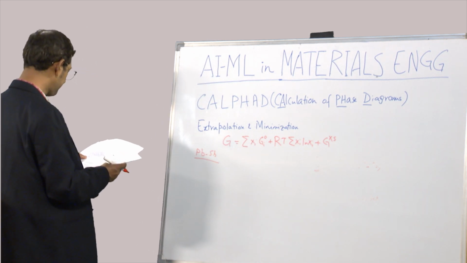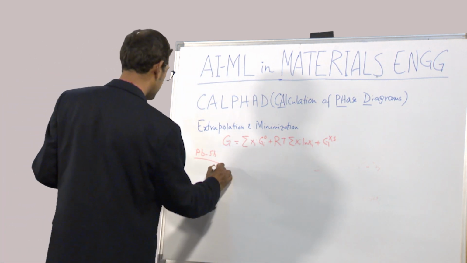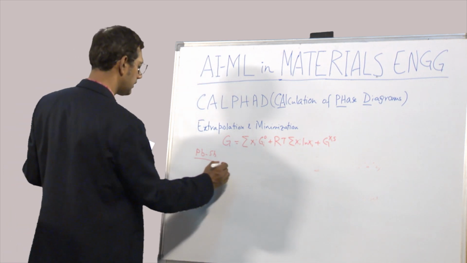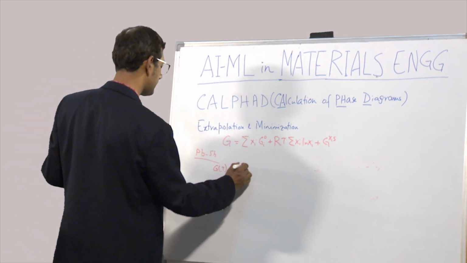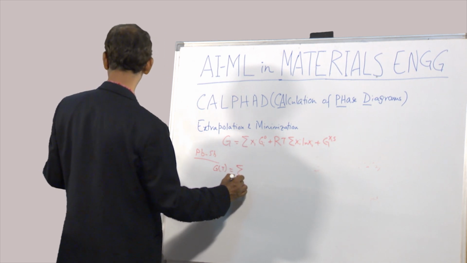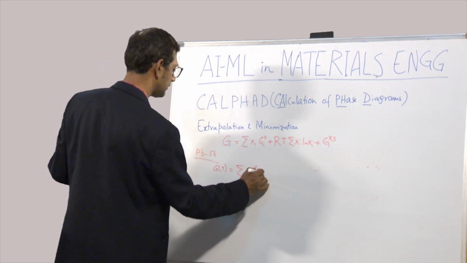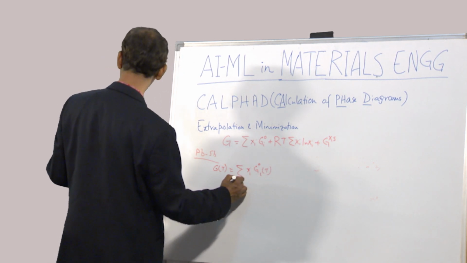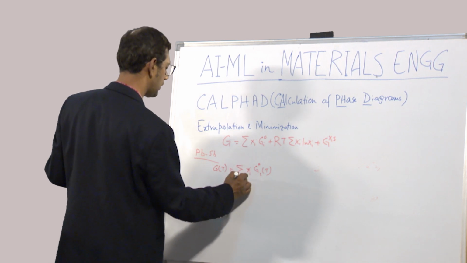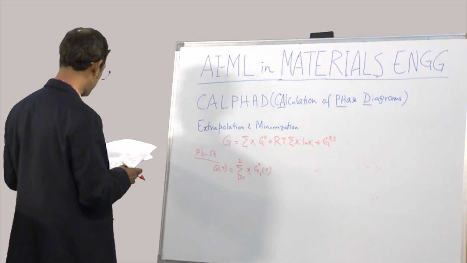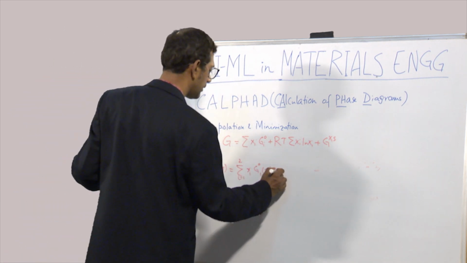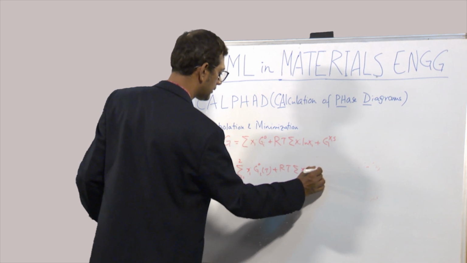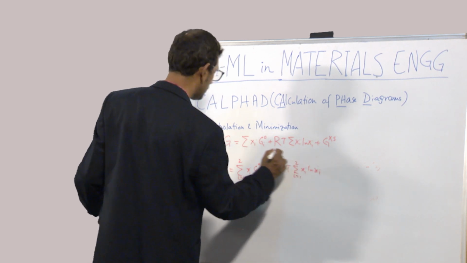As you see here, again the same thing: G as a function of temperature. It can be given as this: the sum of x_i G0_i as a function of temperature, where i goes from 1 to 2, because there are two components in this system, and then you have the entropic part, the sum of x_i ln x_i, with i again going from 1 to 2.